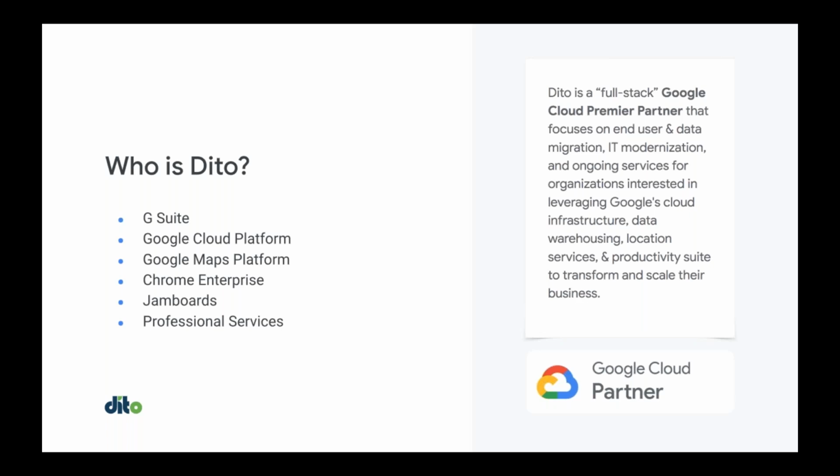And so what that means is, of course, we provide licensing for these various services, as well as additional services on top of that. So that could be everything from basic support and training to various managed services, cloud consulting, custom development, etc.